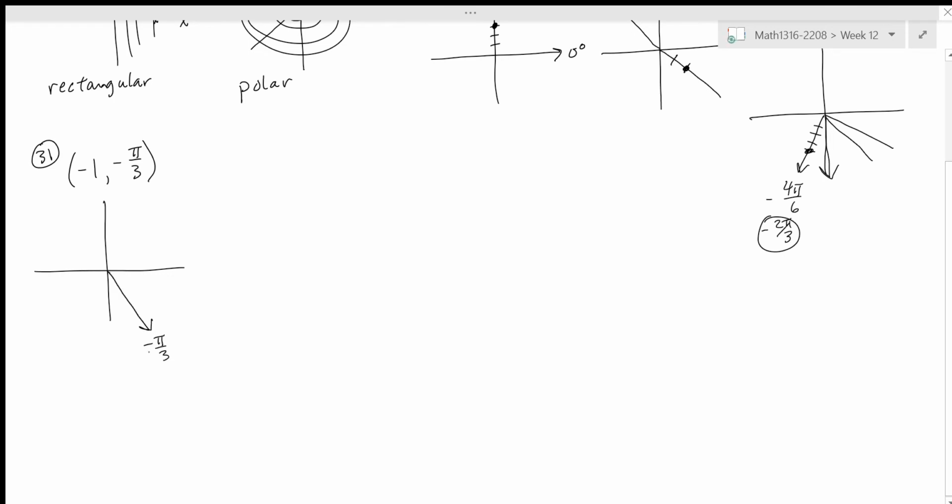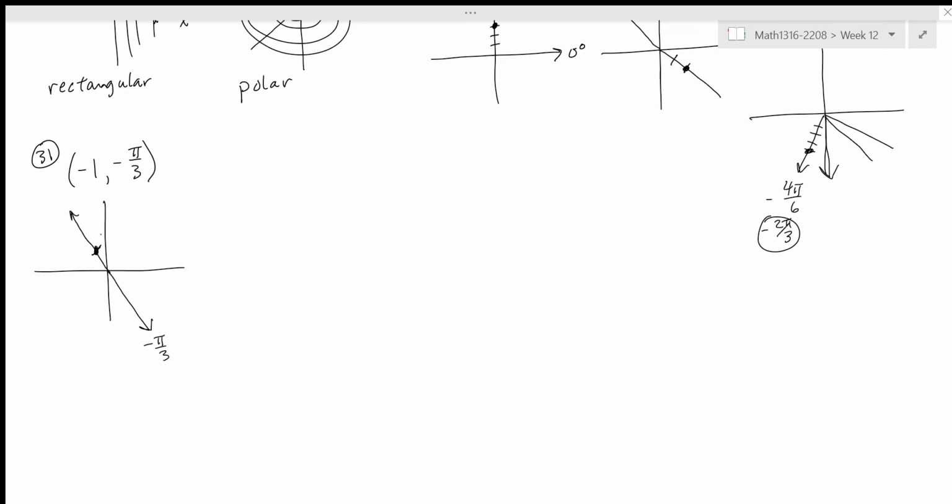If I count by sixths, 1/6, 2/6, that's pi over 3. Oh, but my radius is negative. So don't go this way, go backwards. Instead of going forward, we're going to go in reverse.